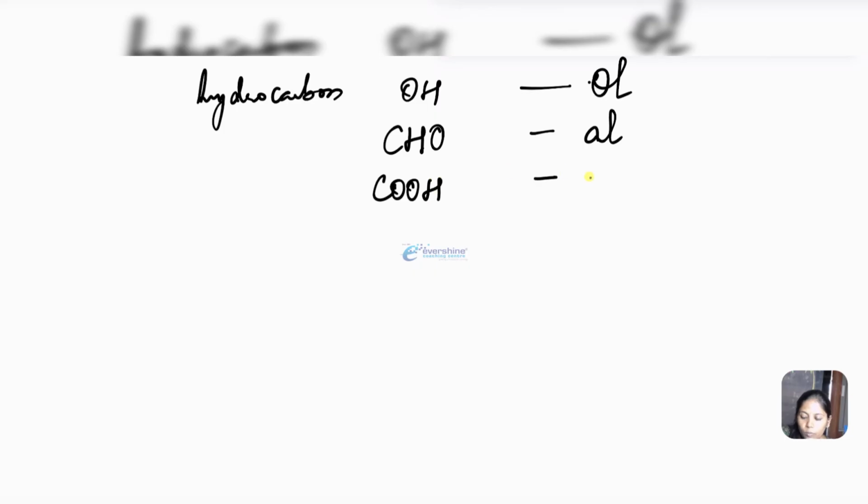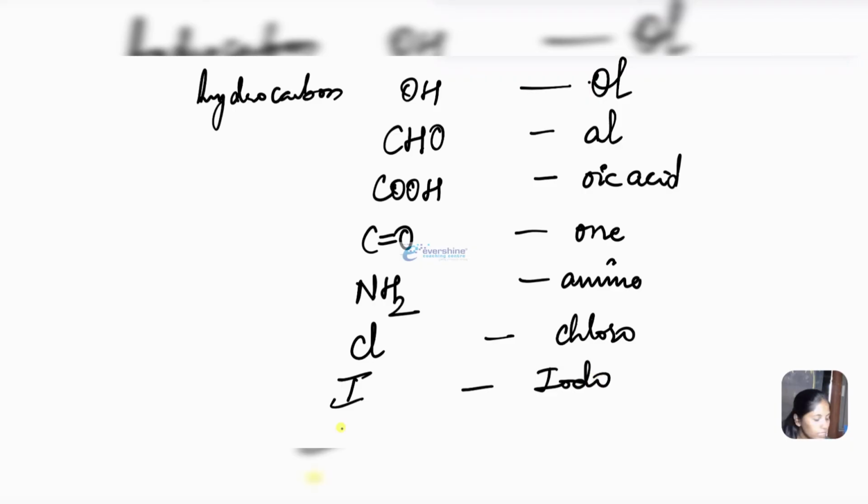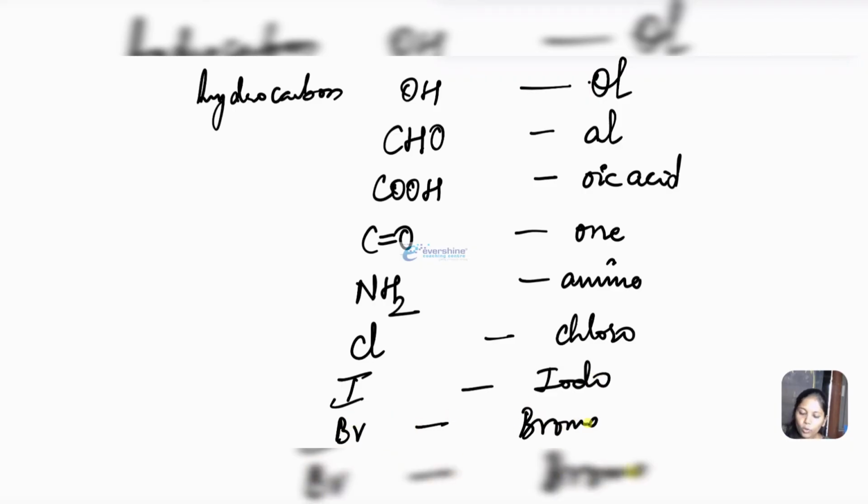If it has C double bond O, you should name it as ONE. If it has an NH2 functional group, you should name it as amine. If you have Cl in that, you should name it as chloro. If you have iodine in that, you should name it as iodo. If you have bromine in that, you should name it as bromo. So this is how you should name.